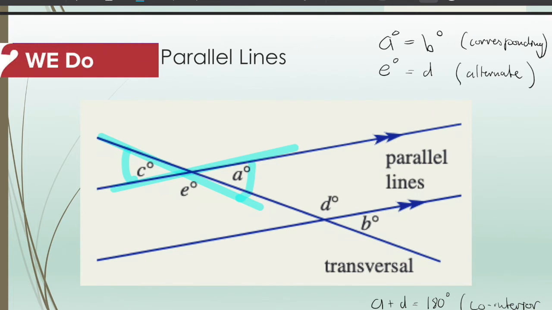We call them vertically opposite and they are equal. So I think we're going to use that actually. We're going to say that A and C are equal because they are vertically opposite.